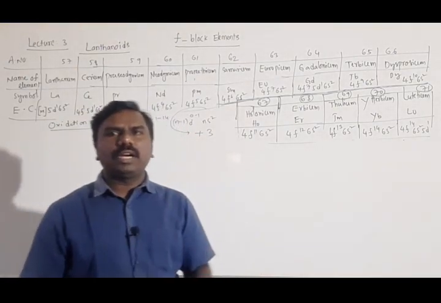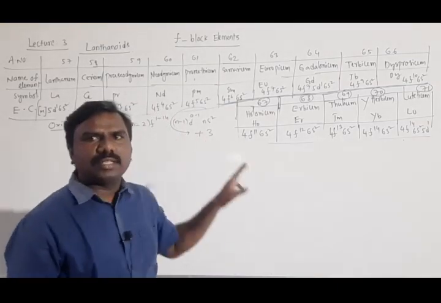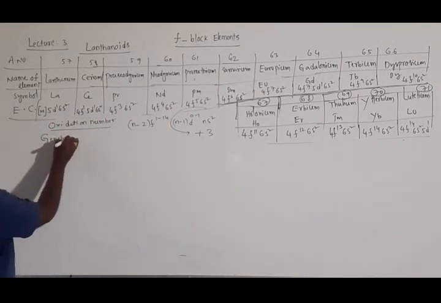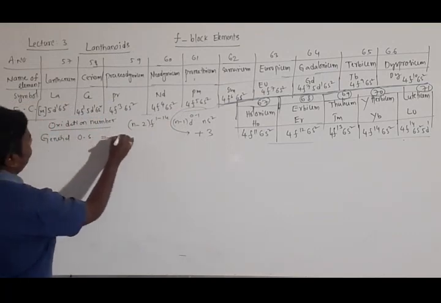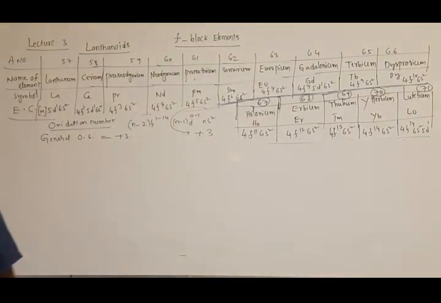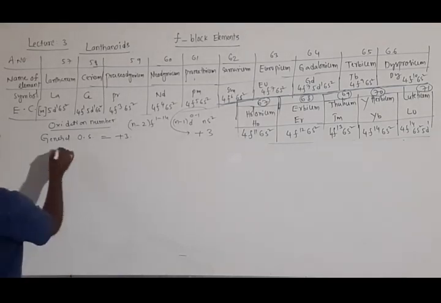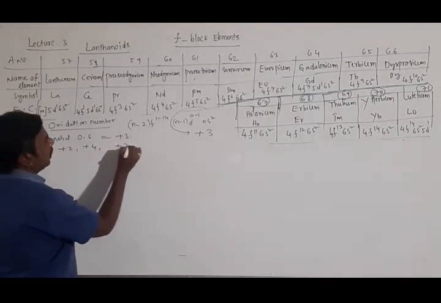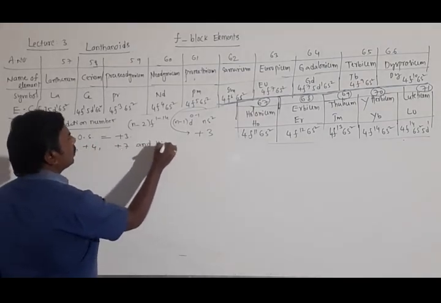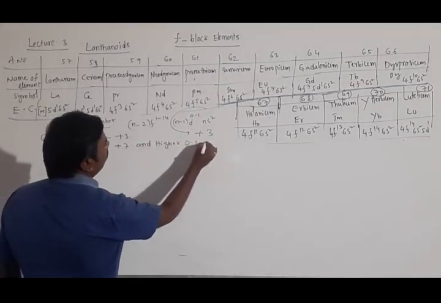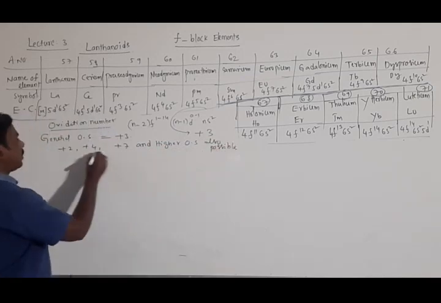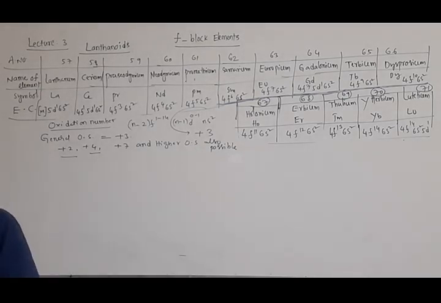If you remove 3 electrons, the charge is plus 3. The general, common oxidation state is plus 3 for these elements. Plus 2 and plus 4, up to plus 7 and higher oxidation states are also possible. Maximum plus 4, plus 2, plus 7 possible.